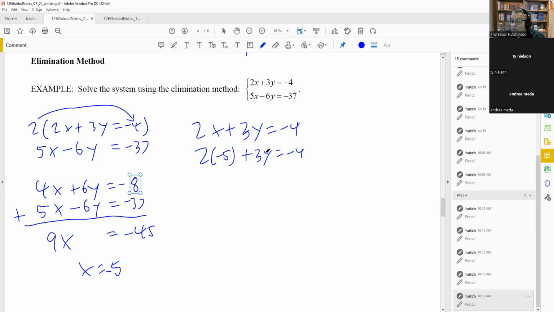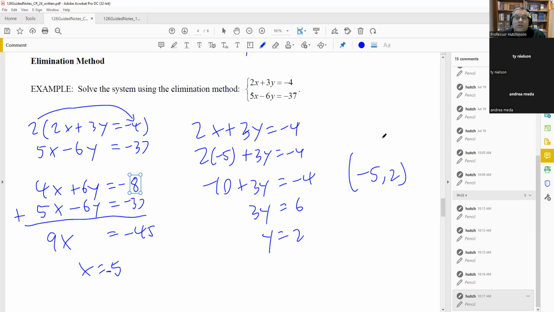And now I can solve for the y. So -10 plus 3y equals -4. Add 10 to both sides. So if I add 10, I'll get a 6. Divide both sides by 3, and I get y equals 2. So the answer would be -5, 2 for this one.